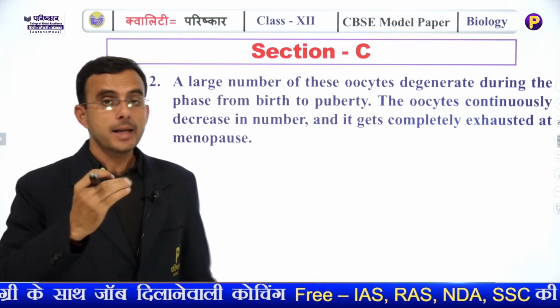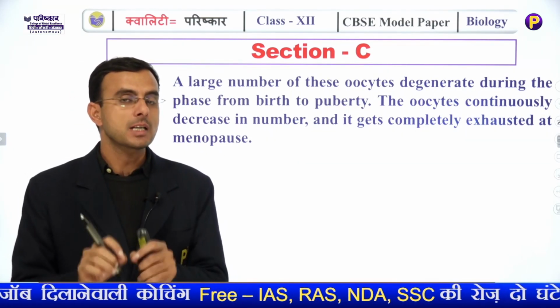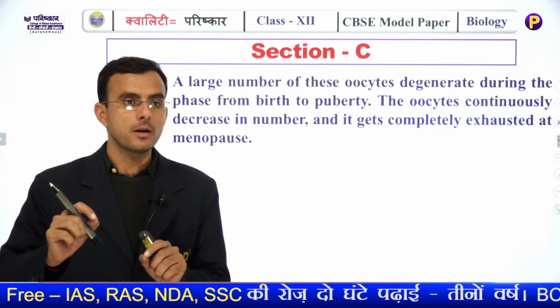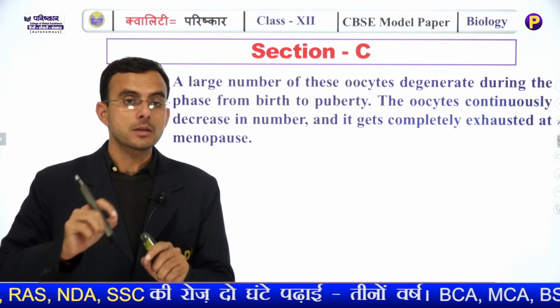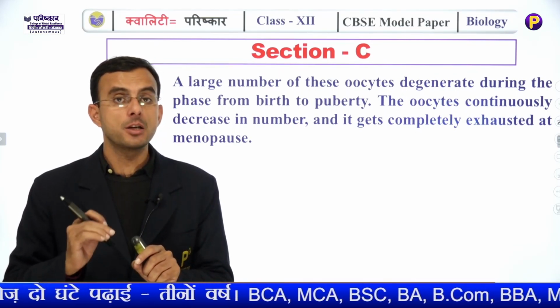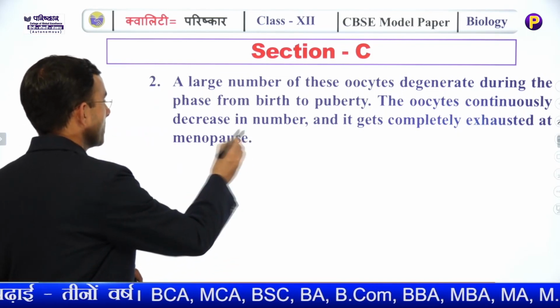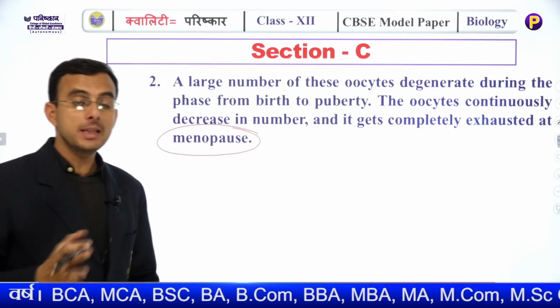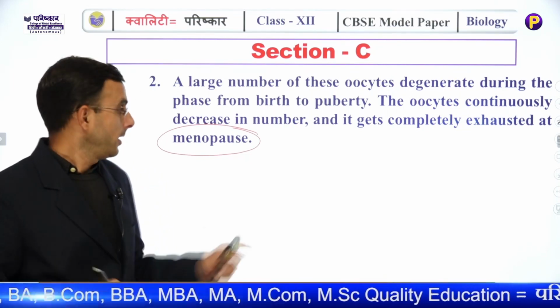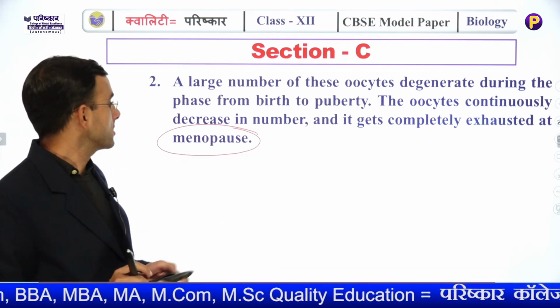But at the time of birth of a female child, the oocyte number is fixed. So after an age, the oocyte number is completely reduced, and that stage is known as menopause. So in the female, they are facing this problem.